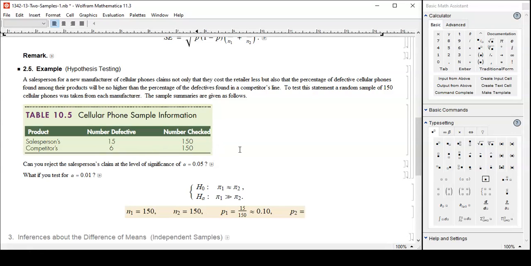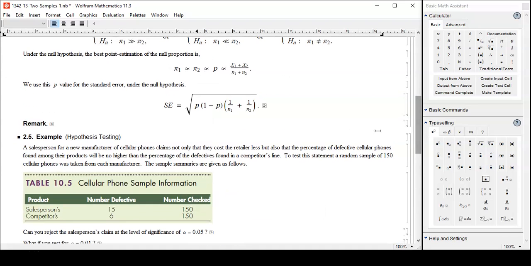The competitors' proportion of defective phones is 6 out of 150, and that is approximately equal to 0.04, 4%. Okay, from here we can calculate the standard error. n1 and n2, we know those, 150.